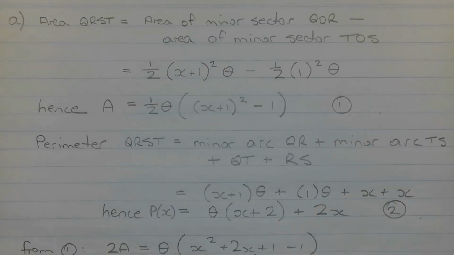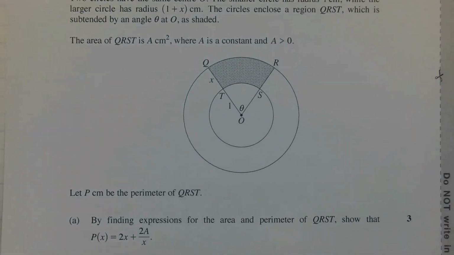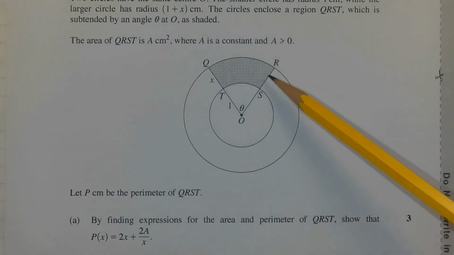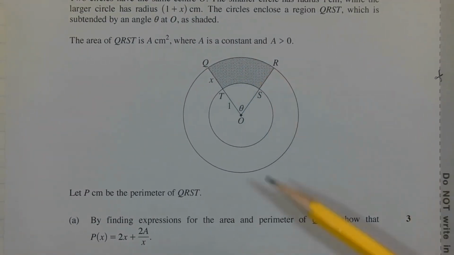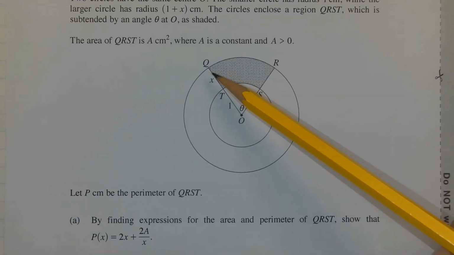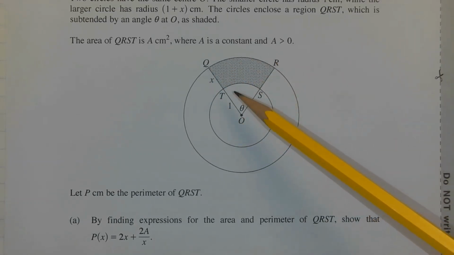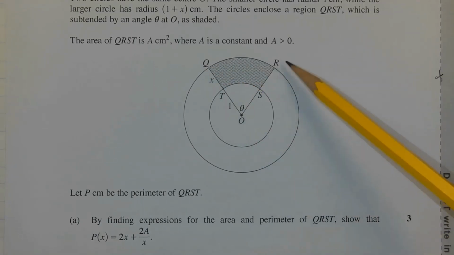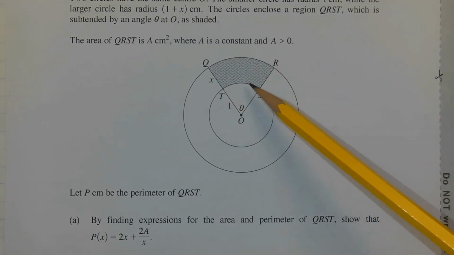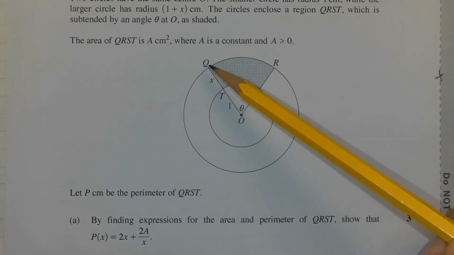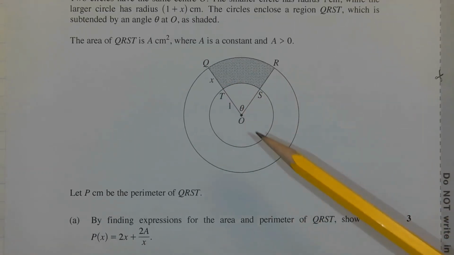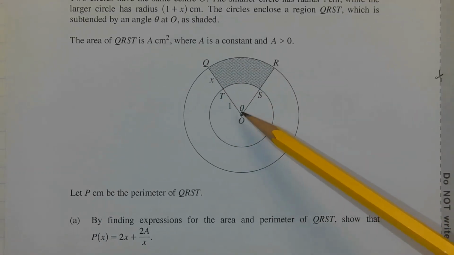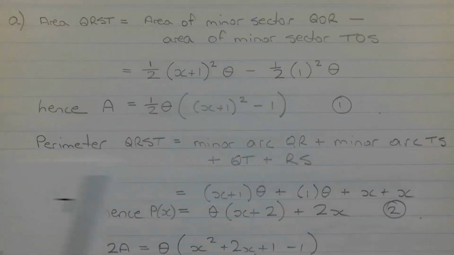Consider area QRST. So here's the diagram showing the shaded region, which is the area QRST. It's the difference between the large minor sector QOR and the small minor sector TOS. So it's sector QOR minus sector TOS. Now the radius of sector QOR is x plus 1 and the radius of sector TOS is 1.